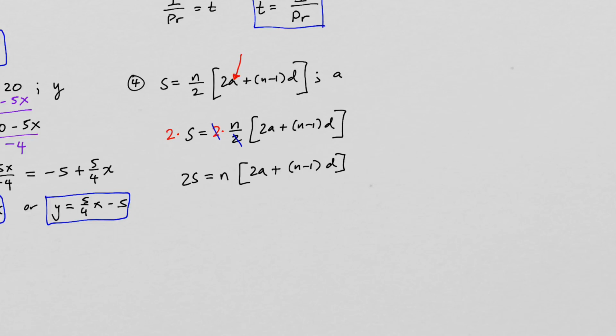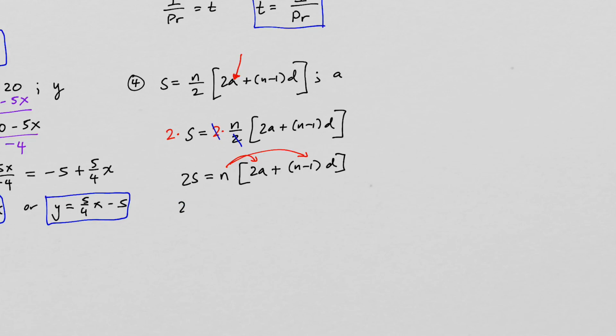Now for the next step, we actually have a couple of different options. I could divide by this n, but if I do that, that's going to give us a fraction on the left-hand side, and we just got rid of the fraction. So I don't think I want to bring another fraction into this problem. Instead, I'm going to distribute the n here.